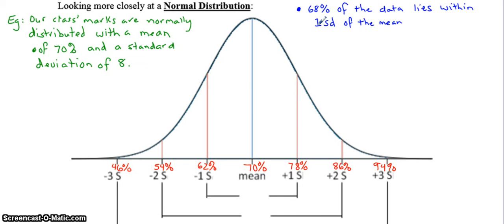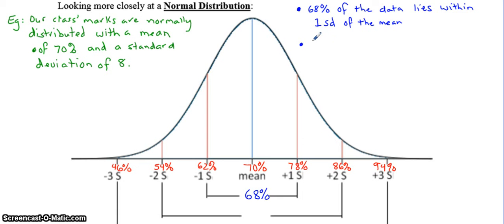So when I say within one standard deviation, that's one standard deviation above and one standard deviation below. So approximately 68% of the people in the class got between 62 and 78. That is if your data is normally distributed. So if the marks are normally distributed, 68% of the class or of the data would be within one standard deviation of the mean.